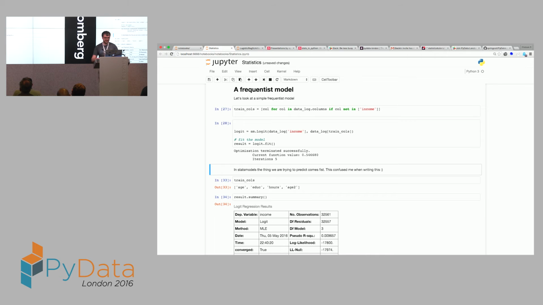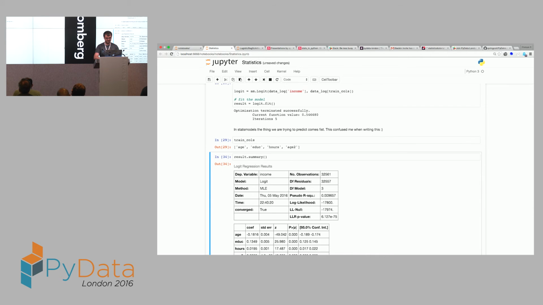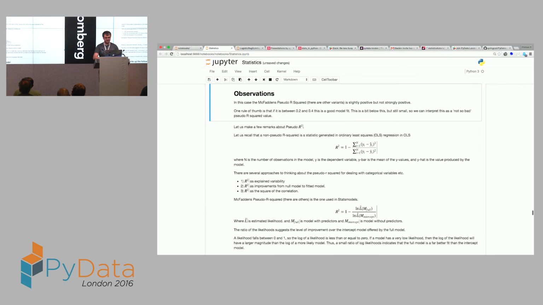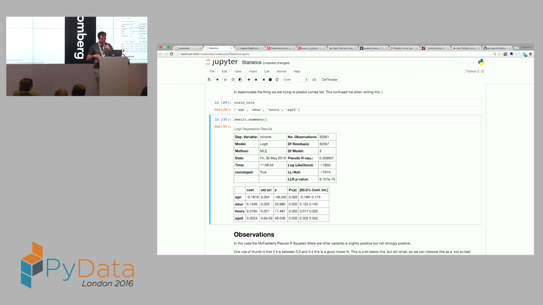Then you get this fit and the current function value, and you have your results summary. There's a lot of detail in the results summary. One thing I had to learn while writing this is that there's something called a pseudo R-squared value. The reason is that for logistic regression you can't just apply an R-squared value in a classical context.